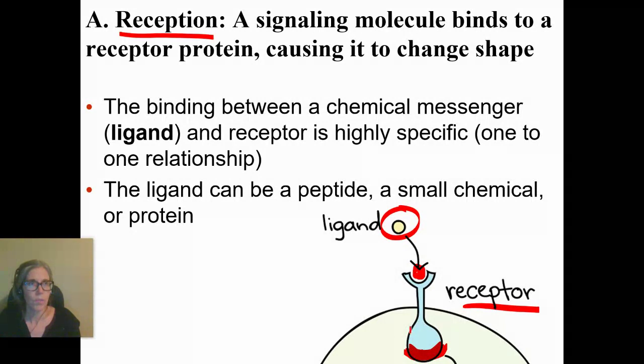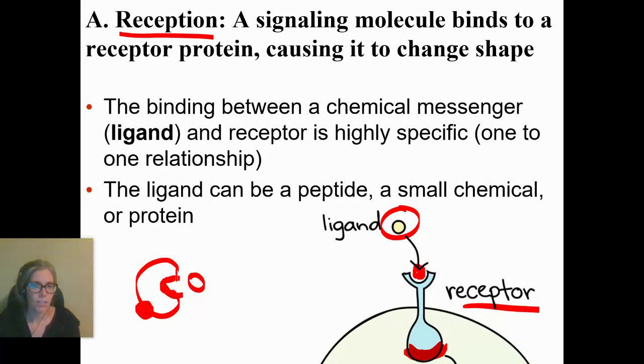So just like when we did the enzyme unit, do you remember how if there's an enzyme and its active site isn't quite right for the substrate, if there's another molecule that binds here, maybe it's an activator, and it changes the shape of the active site, so now the enzyme can bind with the substrate. So that's kind of what's happening here. The ligand binds to the receptor, and it can activate or change the shape of the inside of the receptor.